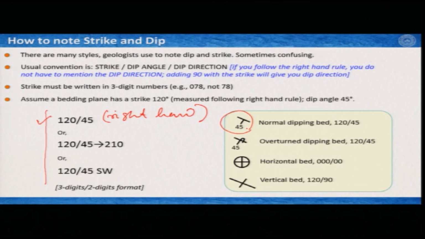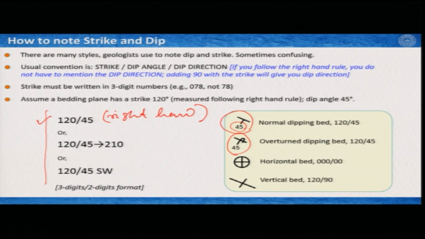You have a longer line that indicates the strike line. It is generally drawn with respect to the north of the map, and perpendicular to this it gives the dip angle and also the dip direction. If the bed is overturned, then the symbol is like this.